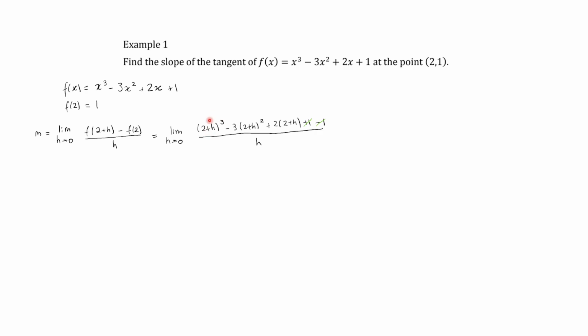In order to do that, we do have to recall our trinomial and binomial expansions, right? So for example, if we have a plus b cubed, this is going to be equal to a cubed plus 3a squared b plus 3ab squared plus b cubed.